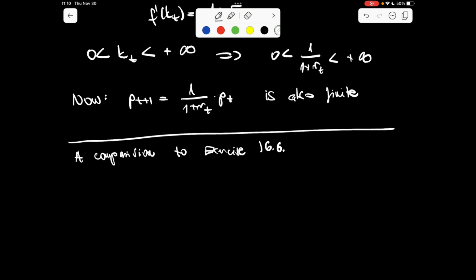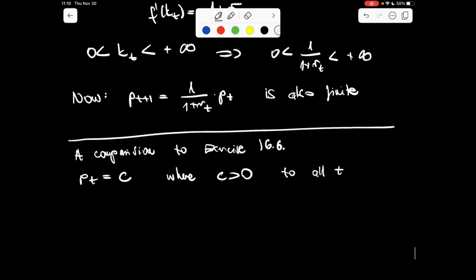Please remember that we find a price system which is any positive constant number for all t, so this is a constant path.